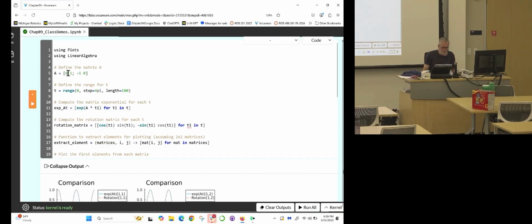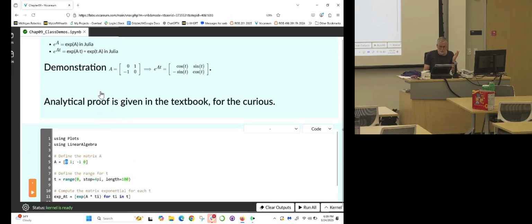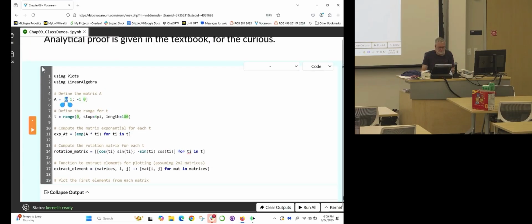But the exponential of 0 would be 1, and the exponential of 1 would be e to the t, and that's not what we're seeing here. The matrix exponential is not the exponential of each of the terms. It's much more interesting than that.